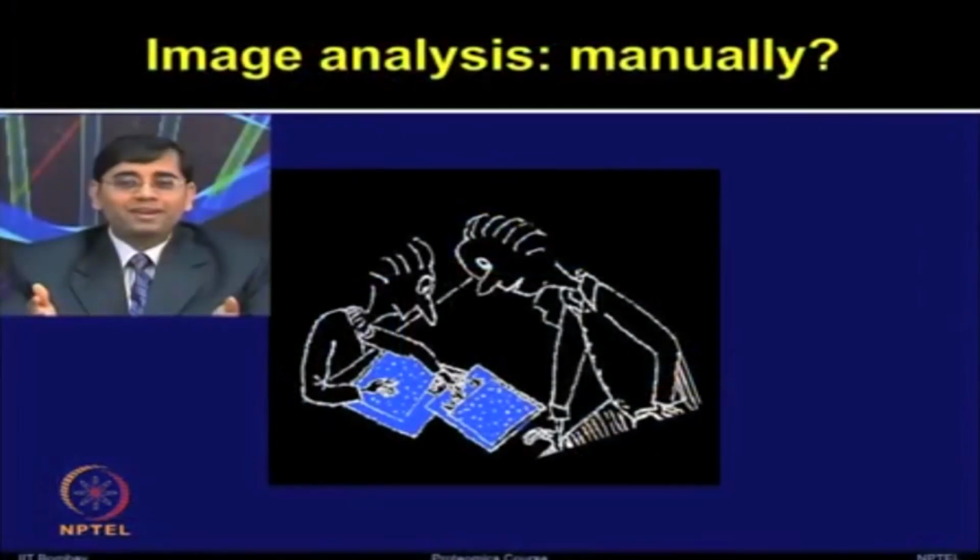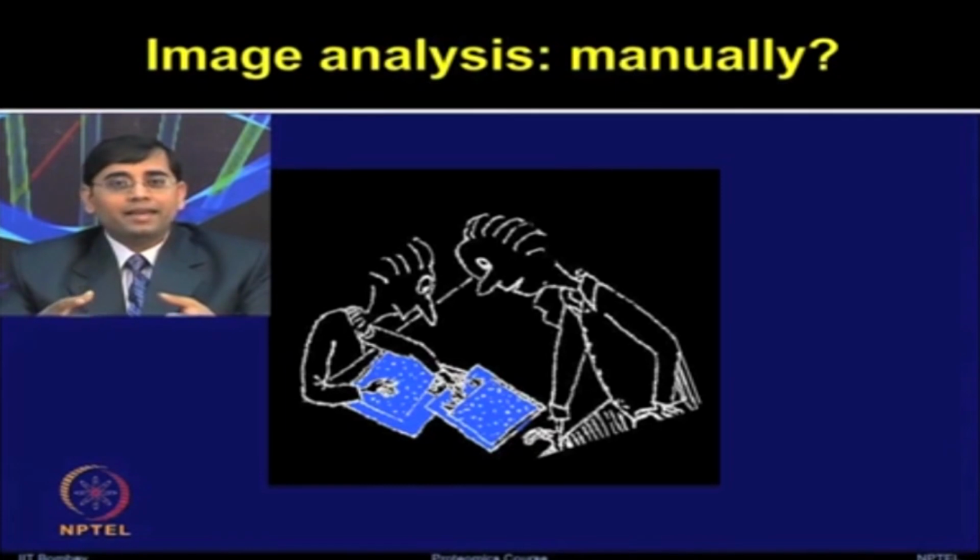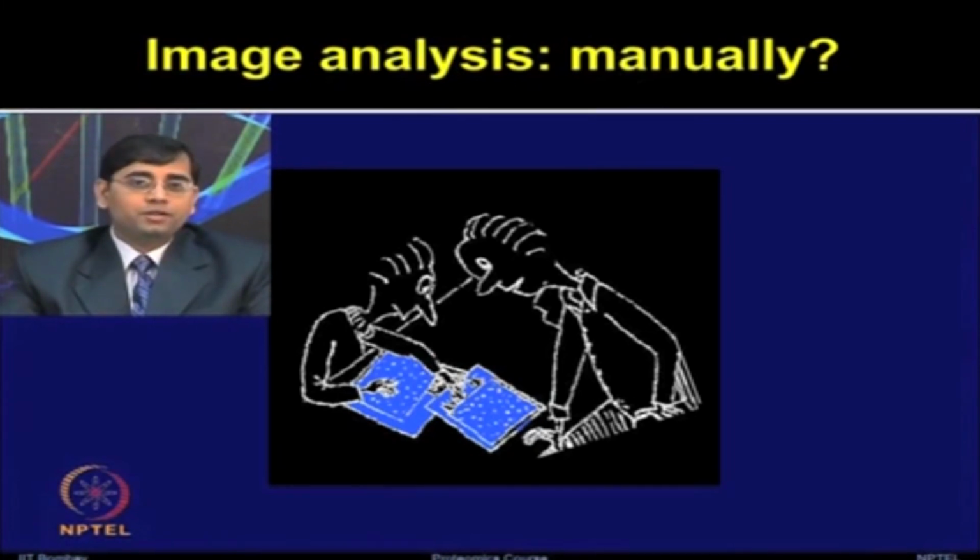That is going to be very tedious work, and you will not have any information about whether your spots have any statistical significance or not, or how reproducible those are. So, you need to scan it using good scanners, and then finally, you need to analyze your image using different software which is available.